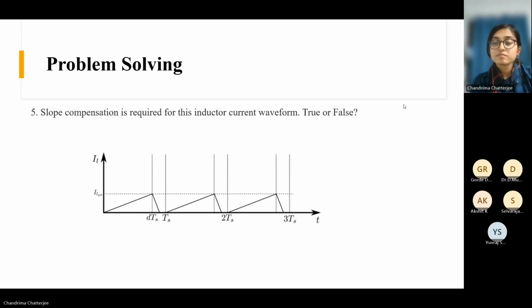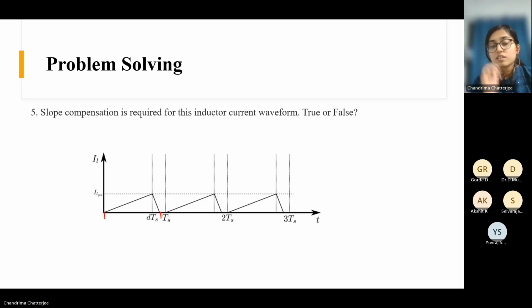No. Why is it not required? No mismatch, right? Because this is a discontinuous mode of conduction. You see the current is becoming zero, then for some time it remains zero, then again it starts rising. So the starting point is zero, and the end point is also zero.